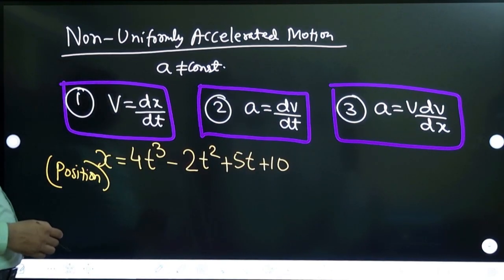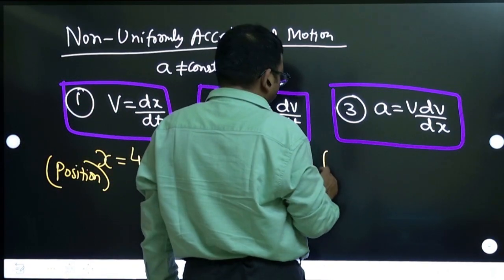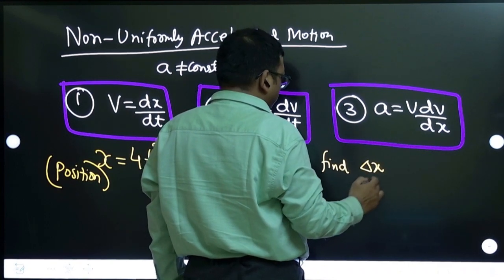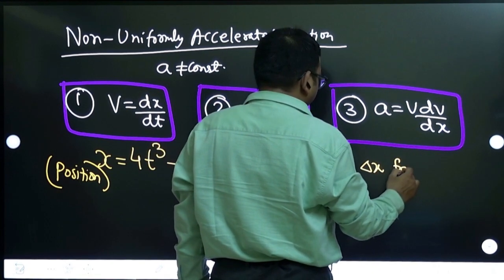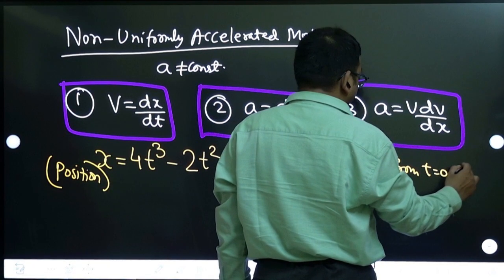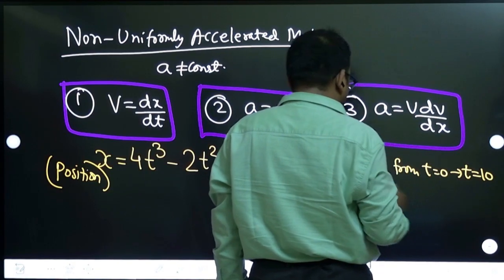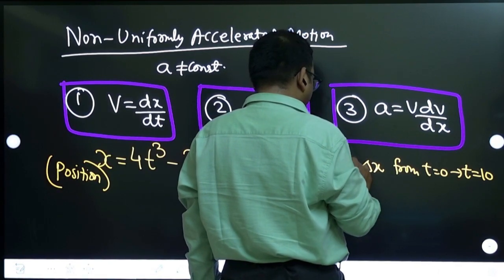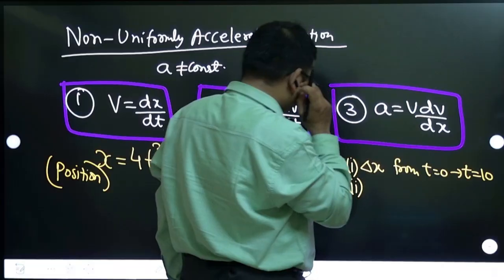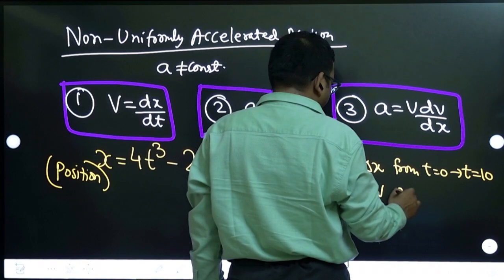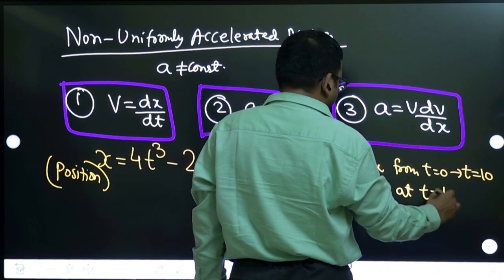The question is: find the displacement from time 0 to time 10. This is the first part of the question. Second part of the question is find the velocity at 10 seconds.